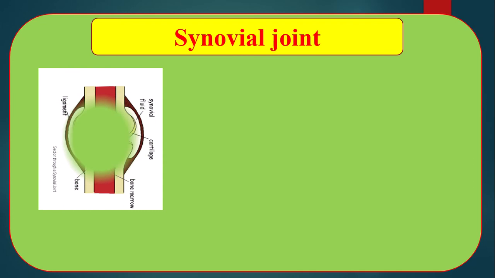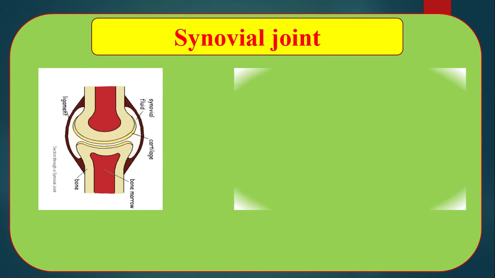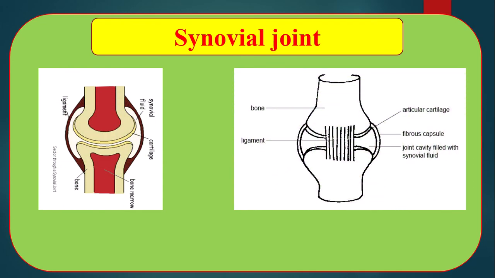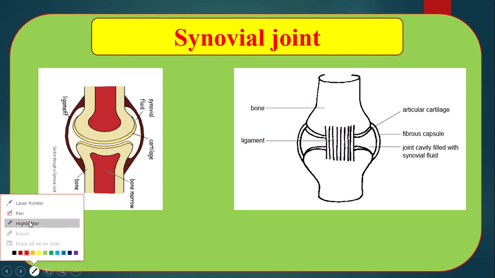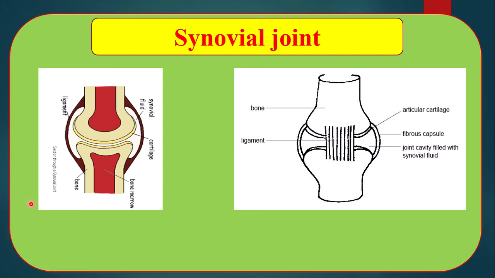Synovial joint. There are two pictures of synovial joint. The parts of synovial joints are bone ends covered with cartilage. That means this is cartilage and this one is cartilage.